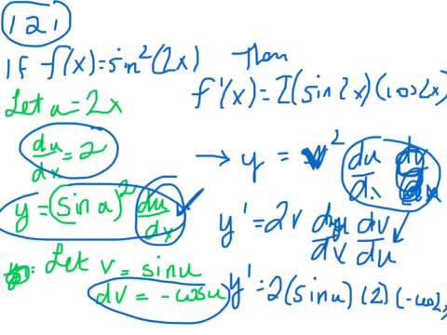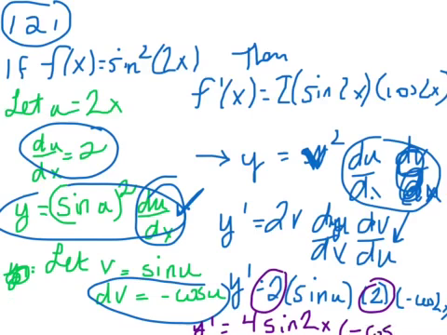I'm going to write in a different color just because it's getting squished in here. y prime would be 2 times 2 would be 4. Sine u, well, what was u? It was 2x. Okay, so there's our sine 2x. I did that too and that too. And then I've got negative cosine 2x, which I'd already plugged that part in.